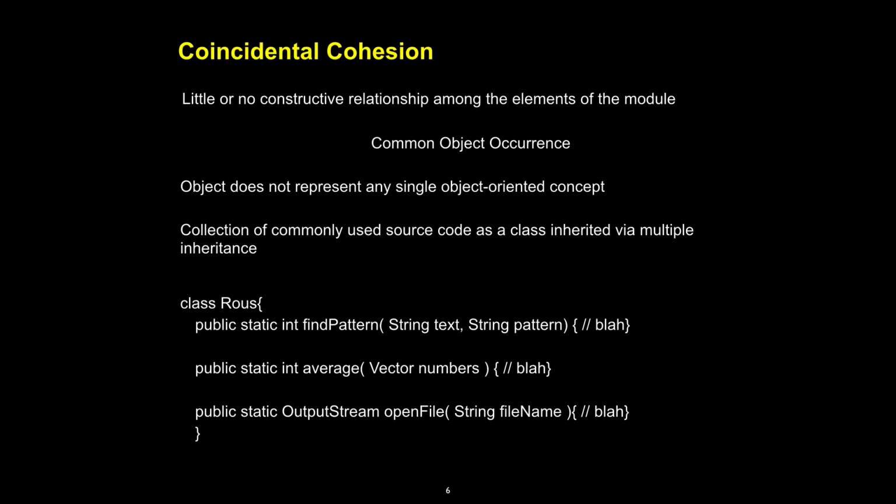It just means useful stuff that I don't know where to put. And sometimes in Java, if I have a string operation, where can I put it? I can't put it in the string class. And so you get utility classes.